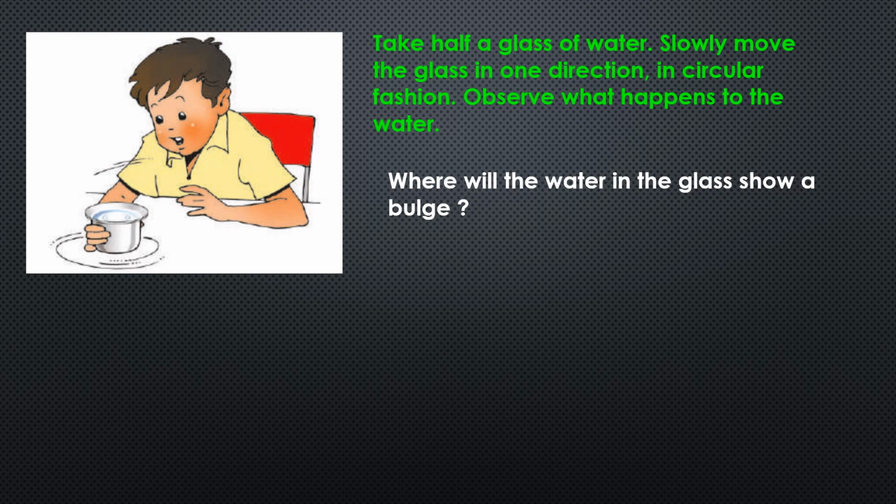Again, if we take a half glass of water and we slowly move the glass in one direction, that is in a circular motion, where does the water in the glass show a bulge? We see a bulge at the sides of the glass.